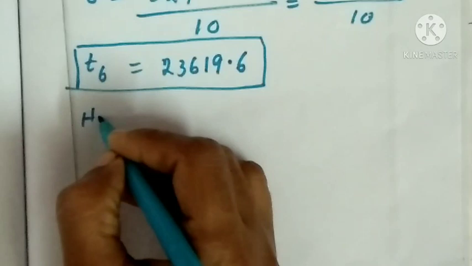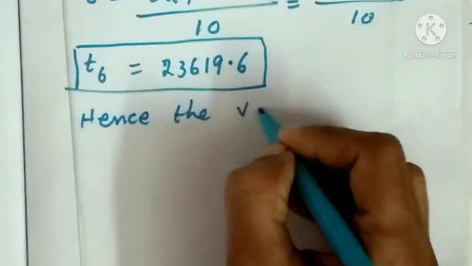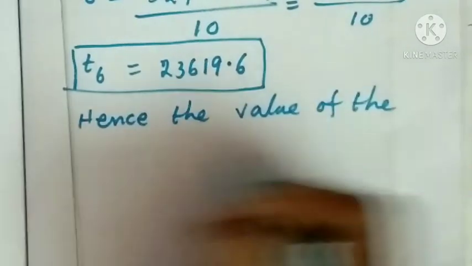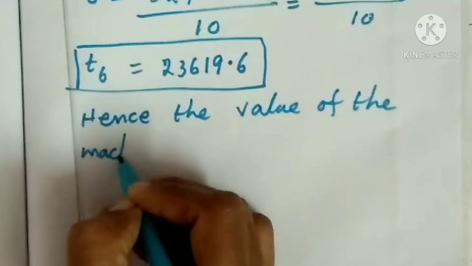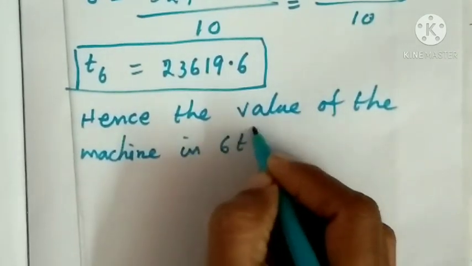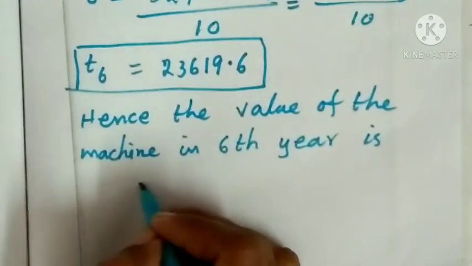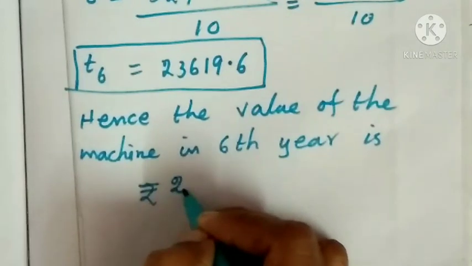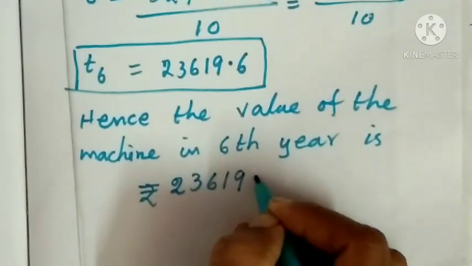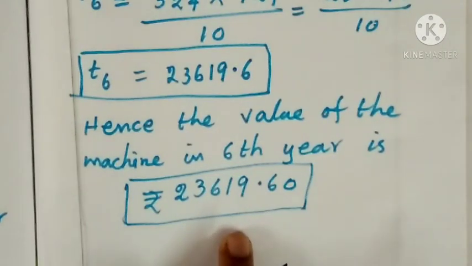Hence the value of the machine in the 6th year is rupees 23,619.60 paise. This is the answer for this question.